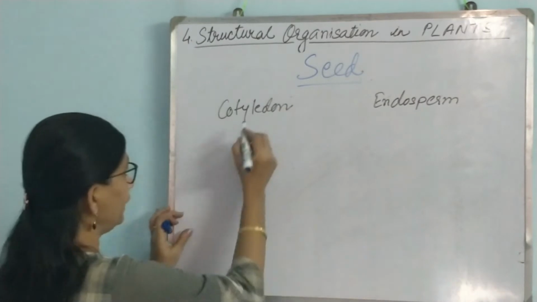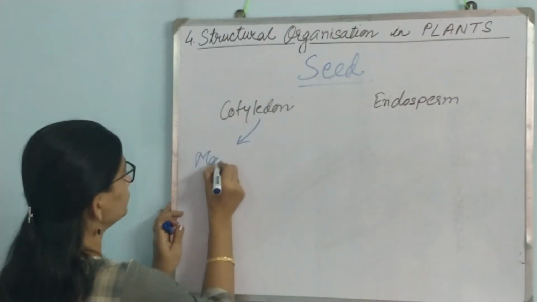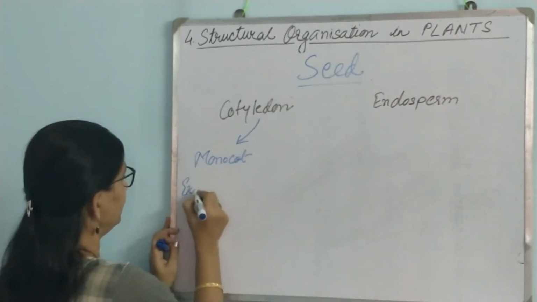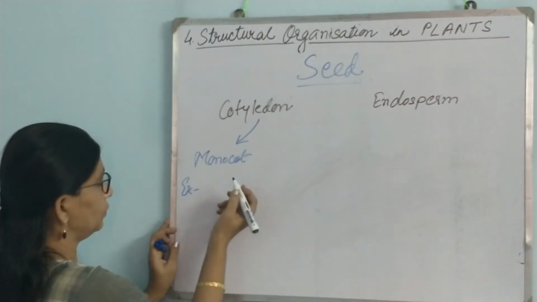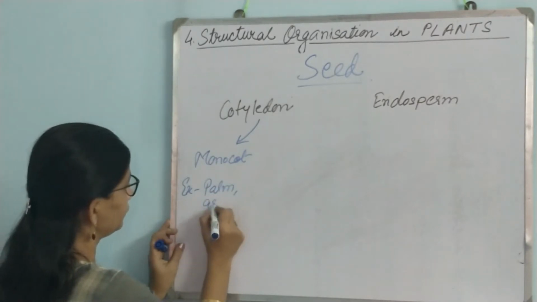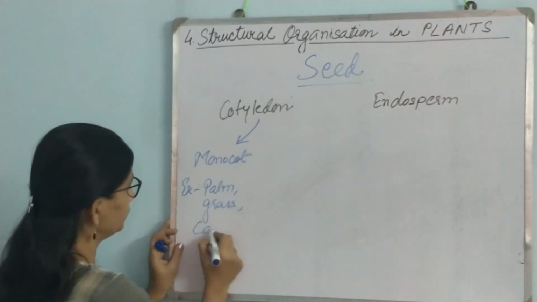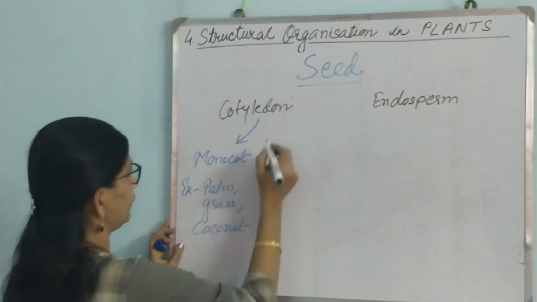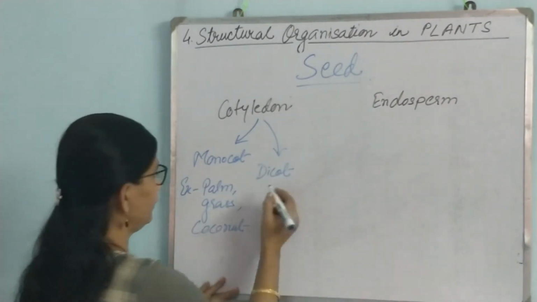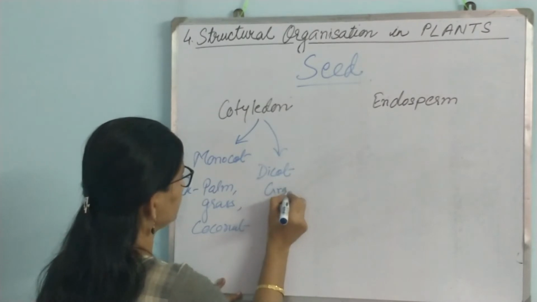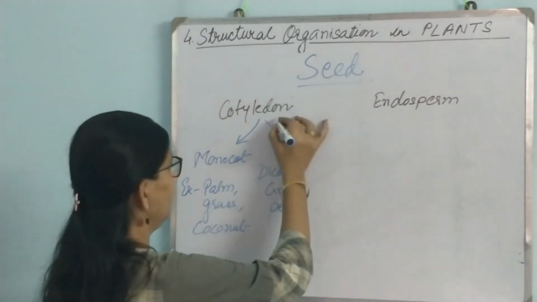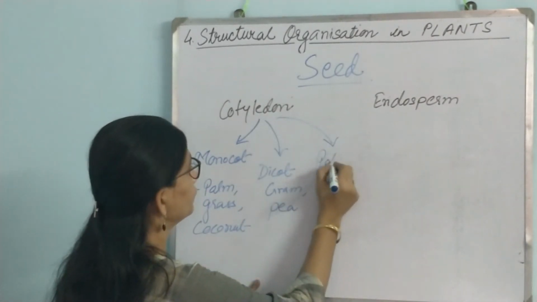Now based on cotyledon, seed is divided into monocot, which has one cotyledon. Monocot examples will be palm, grass, coconut, etc. Dicot examples will be gram, pea, then we have polycotyledon.